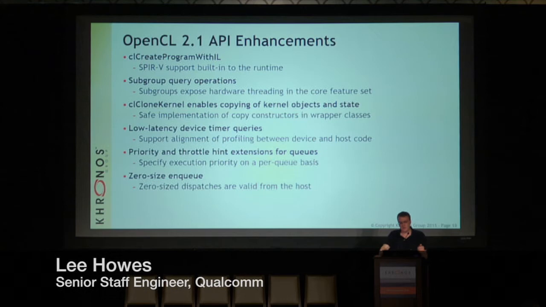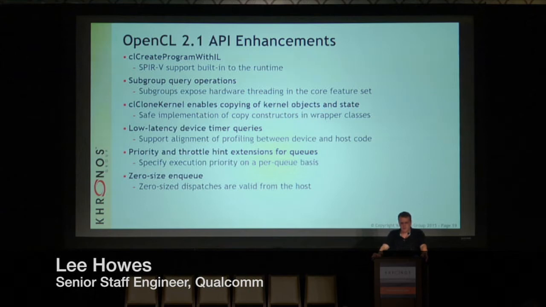And if you look at the first bullet point here, you'll see that this is the API support for pulling SPIR-V into an OpenCL program. And obviously that in itself is a vast feature with very wide-reaching consequences in terms of what you can build portably on top of an OpenCL runtime. And it's an entirely software feature.